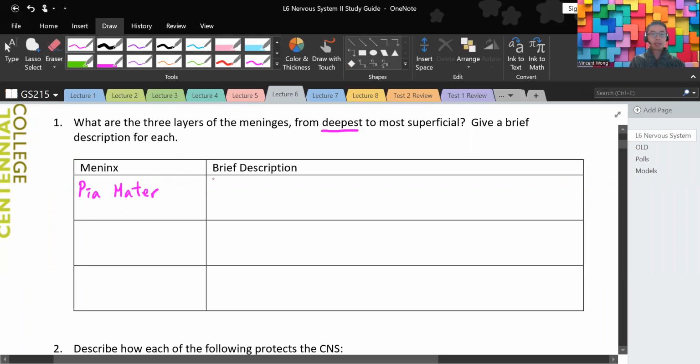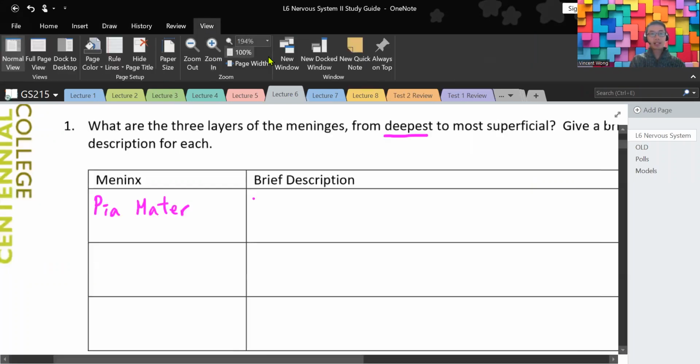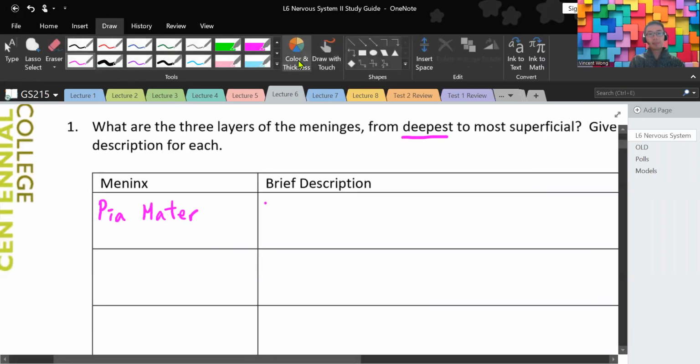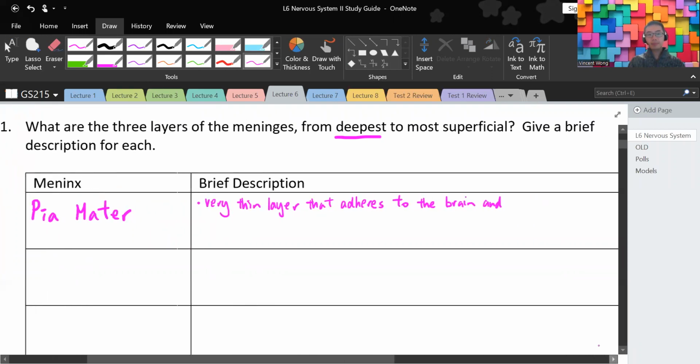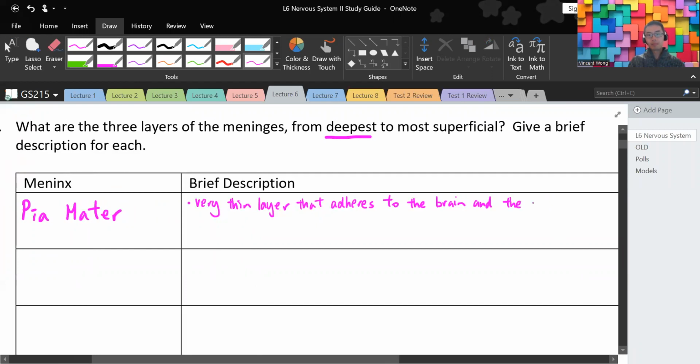So pia mater, as I said, is the deepest layer, and it's a very thin layer that adheres to the central nervous system, which is, of course, made up of the brain and the spinal cord.